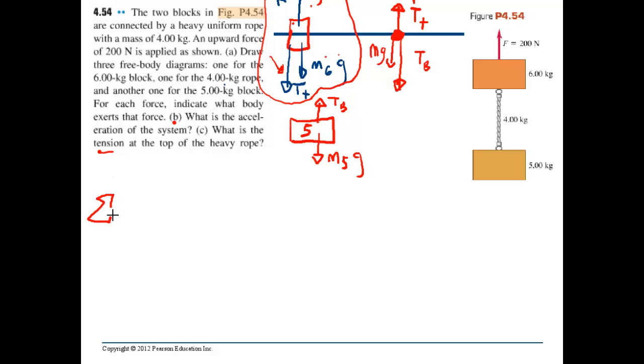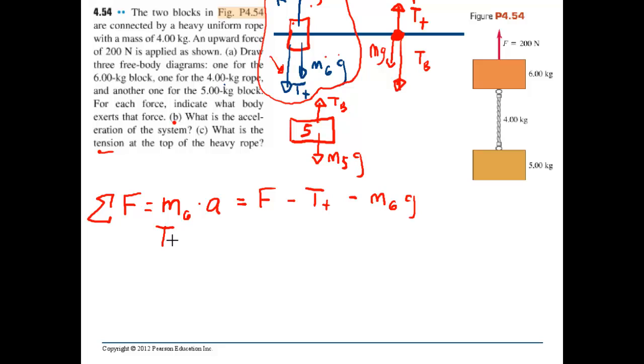So for this guy, I can say the sum of the forces is going to be equal to the mass of 6 multiplied by the acceleration, which I found in the previous part of this problem. And that's going to be equal to the force in the upwards direction, I know what that is, minus the tension at the top of the rope, minus the mass of 6 multiplied by gravity.